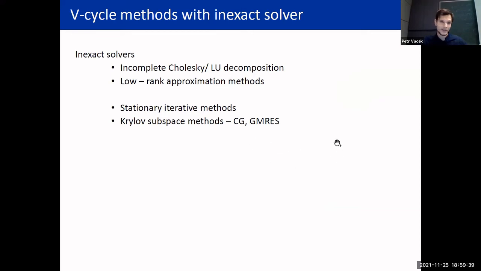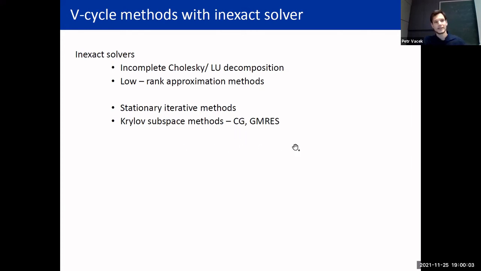We can use a variety of them. For example, solvers based on incomplete Cholesky or LU decomposition, or on low-rank approximation of the matrix, or we can use iterative solvers such as stationary iterative methods or Krylov subspace methods.